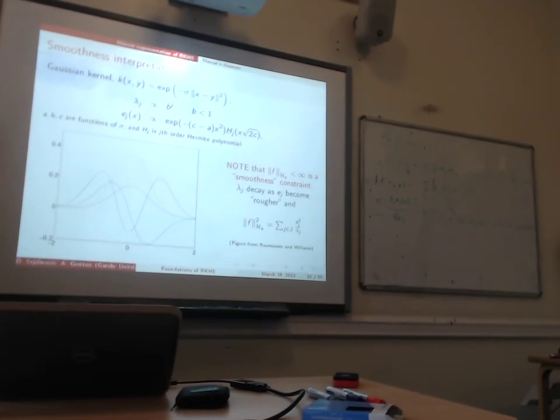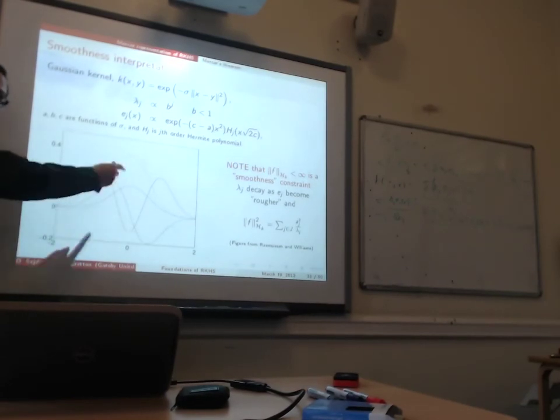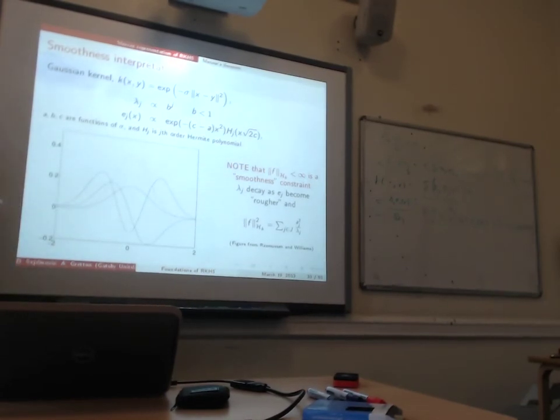So the coefficients have to decay very rapidly for this function to be in the RKHS. And exactly the coefficients further down the line are terms that correspond to these rougher functions. Okay, so that's why the RKHS norm regulates smoothness.